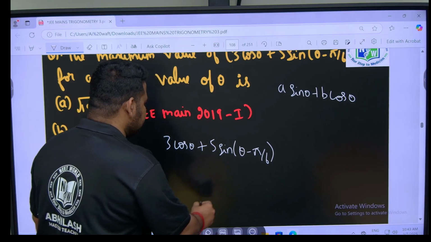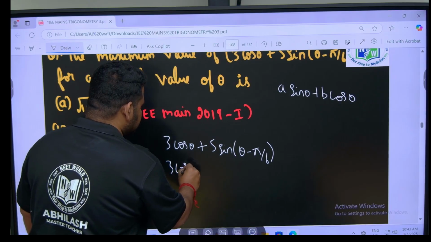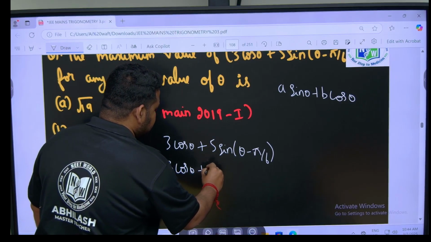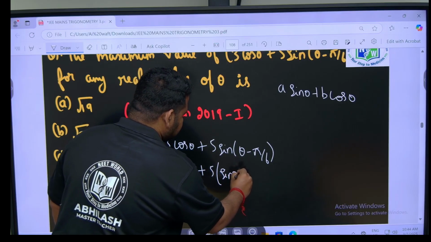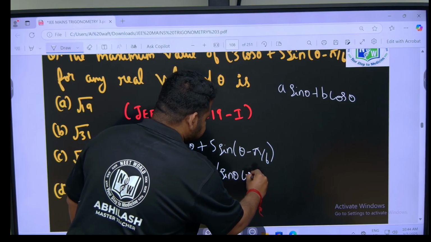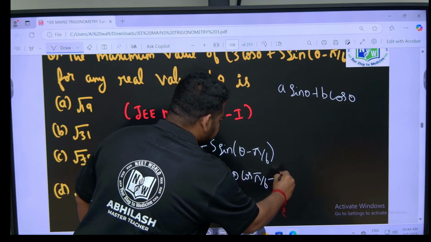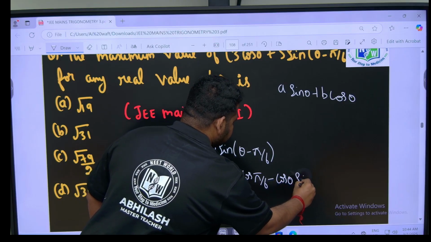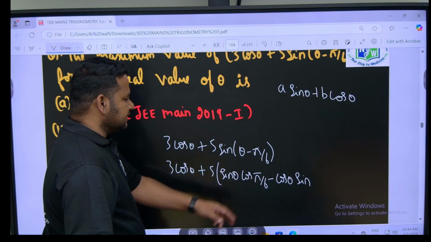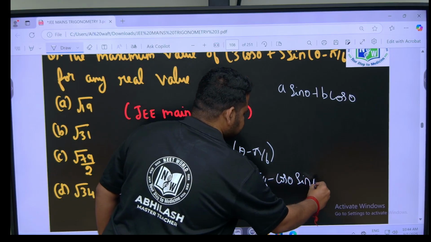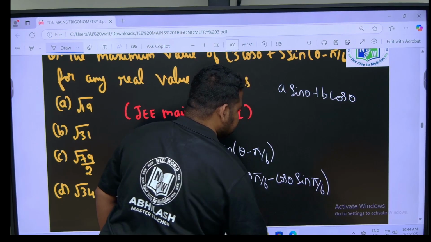So that will apply here. So 3 cos theta plus 5 into sin theta cos pi by 6 minus cos theta sin pi by 6.